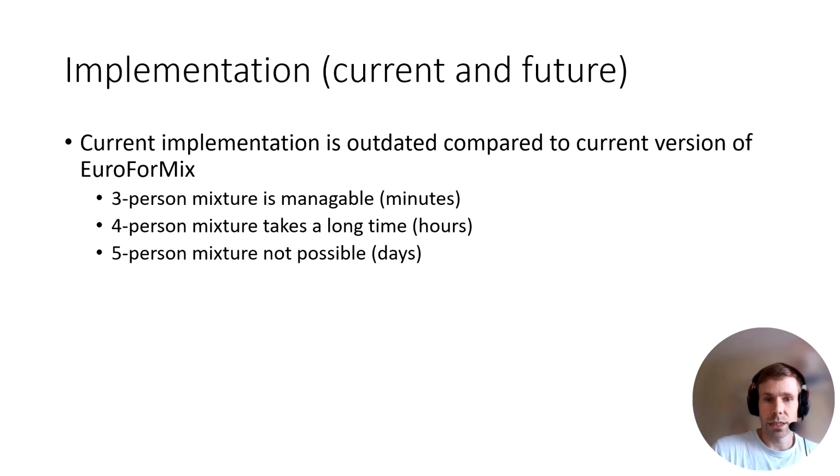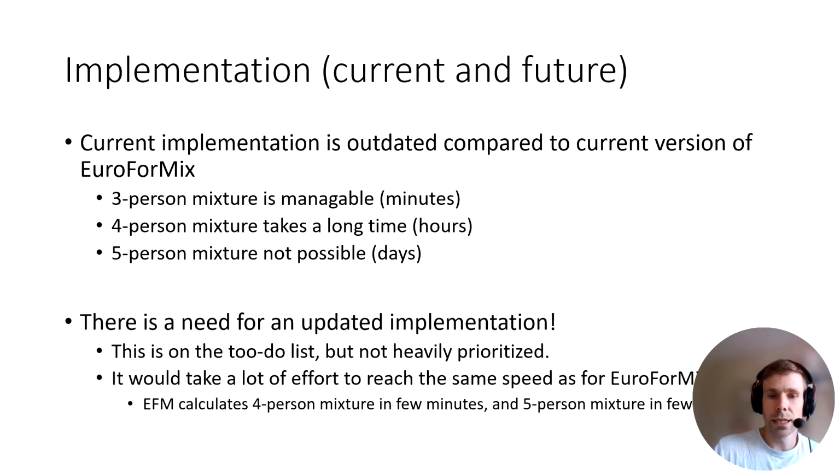So for EFMrep, a 3-person mixture is manageable. It will take a lot of minutes. A 4-person mixture will take a long time, and a 5-person mixture is not possible. It will take too long. Of course, these times also depend on how many samples you include and how the samples look.